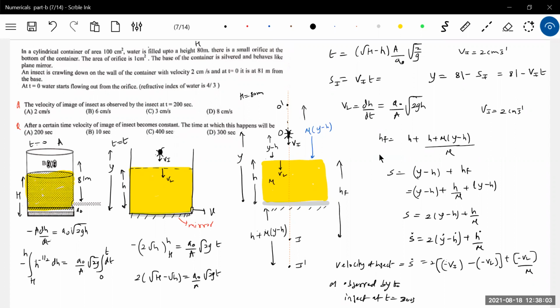Anybody wants to give an explanation why the velocity of image will remain constant? Our answer will come 6 centimeter if you solve this.